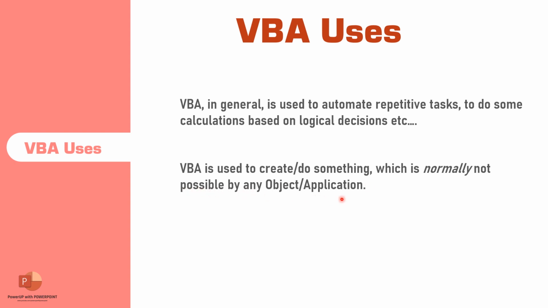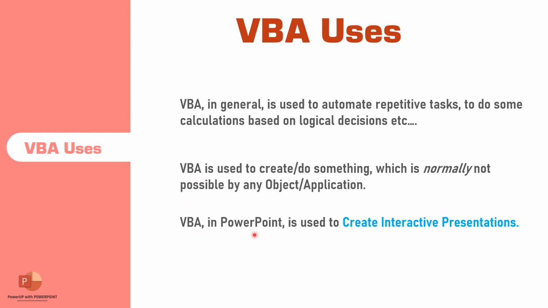If you guys remember my two videos wherein I did some calculations by adding or subtracting numbers, taking input from the user, that's normally not possible with PowerPoint, right? But we still achieved it using VBA. So VBA in PowerPoint is used to create interactive presentations.